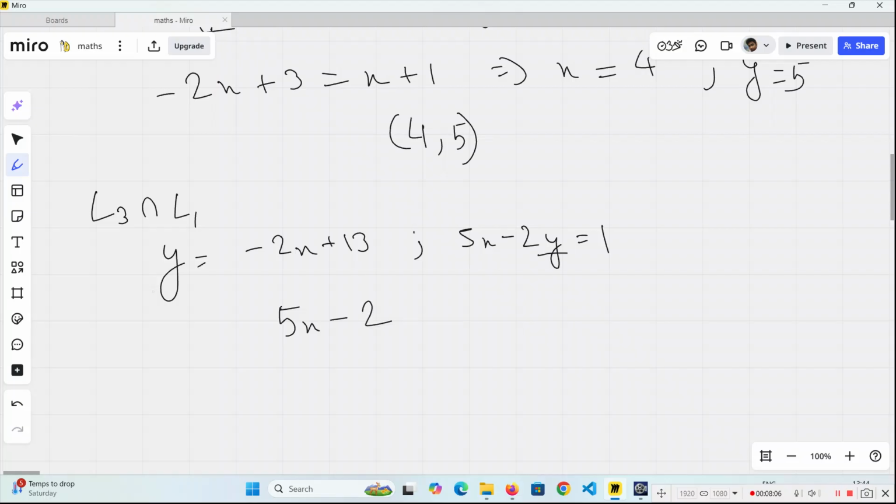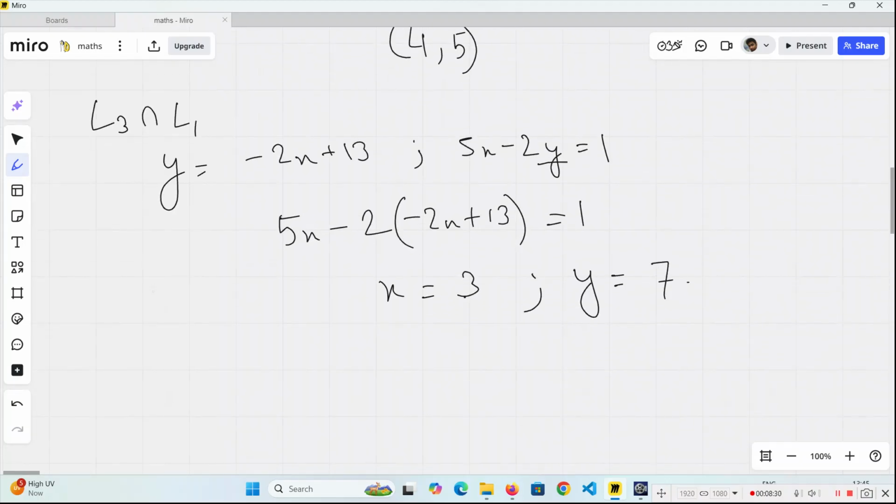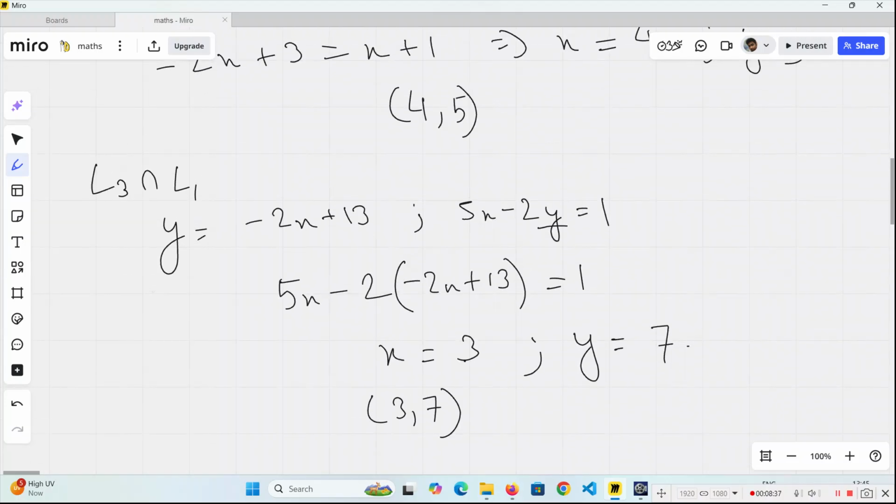If I put the value of y in this, it will be 5x minus 2(minus 2x plus 13) equals 1. Now if I solve for x, I'll be getting 3, and if I put the value of x, this 3, in any of these, I'll be getting y equals 7. So the intersection point for L3 and L1 will be (3, 7).